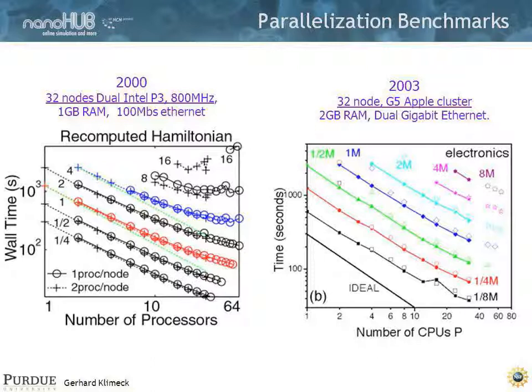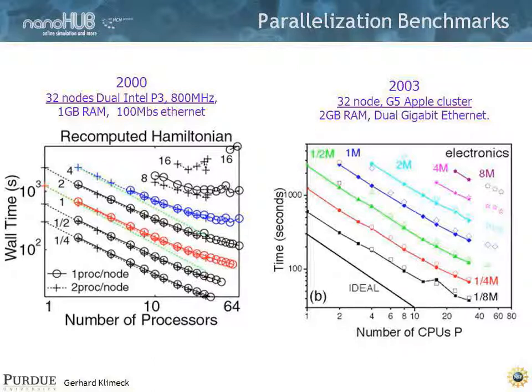If you want to do scaling on a parallel machine, you double the number of cores, you want to divide your compute time by 2. You double it again, right? That means a straight line on a log-log scale. So NEMO3D at the time was scaling quite well on the biggest machines we could lay our hands on. And then 2003 we ran on these Apple G5 clusters, also just fine, up to roughly 8 million atoms.